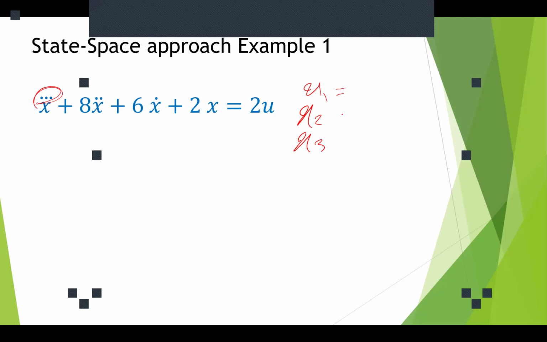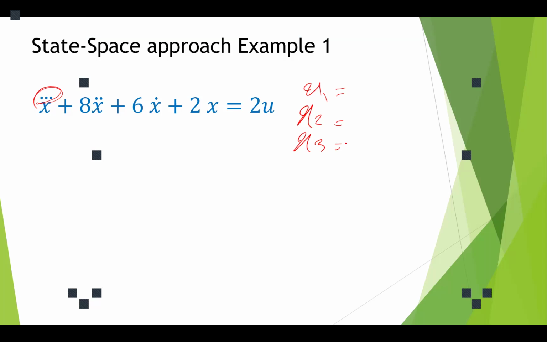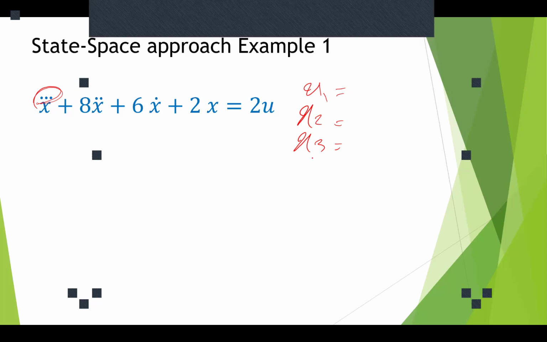Now, how do we define that? We want to have n first order differential equations. So in this case, we are going to have three first order differential equations. Are we good? So what would be the differential equations? We have x1, x2, x3. So we are going to have x dot 1, x dot 2, and x dot 3.